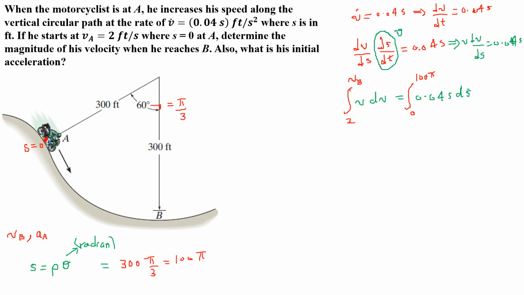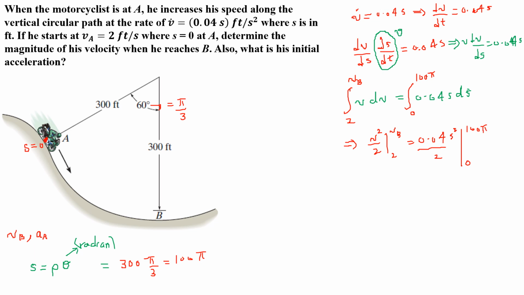So now we just need to do this integral and substitute the limits. I have v squared over 2 from 2 to vB equal to 0.04 s squared over 2 from 0 to 100 pi.